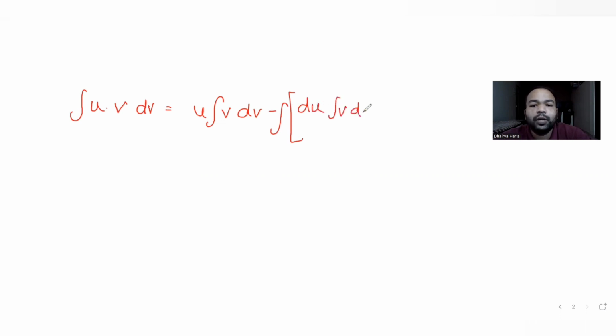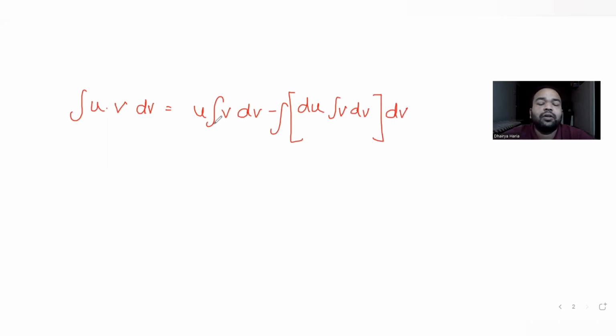And when I have two functions, I can use the idea which we have already understood, that the product of two functions u and v can be written as u integral v dv minus integral of the derivative of u into integral v dv with respect to t.